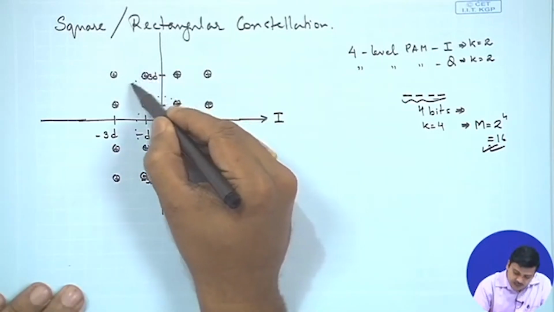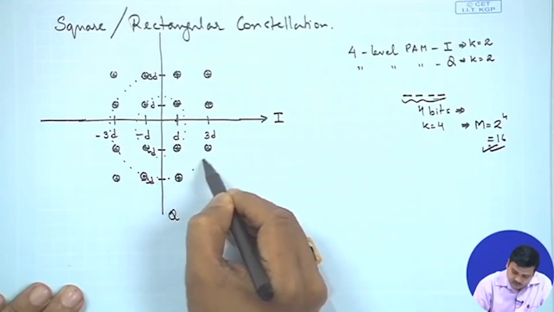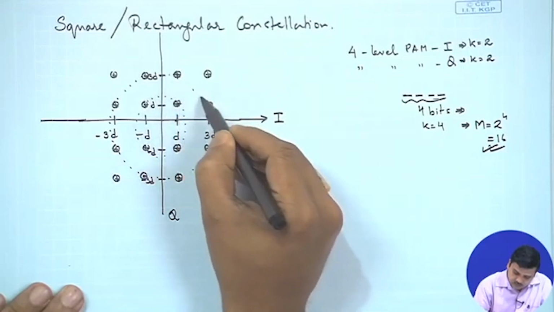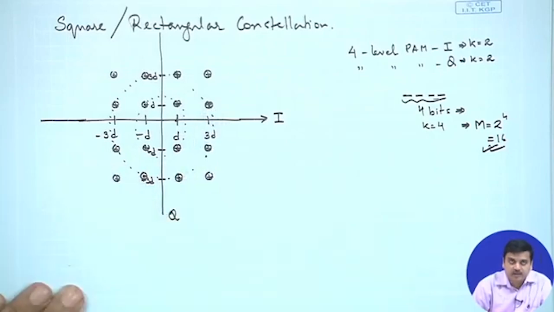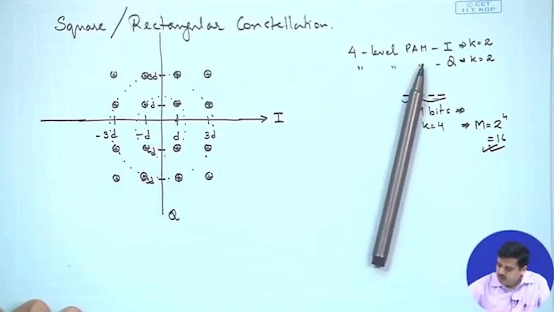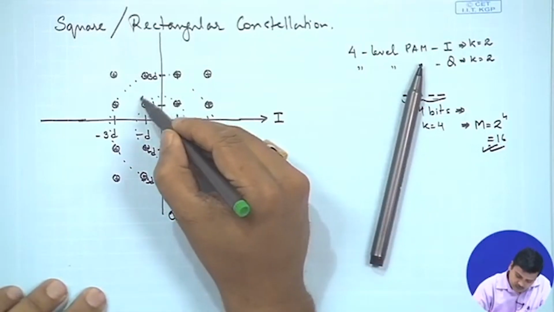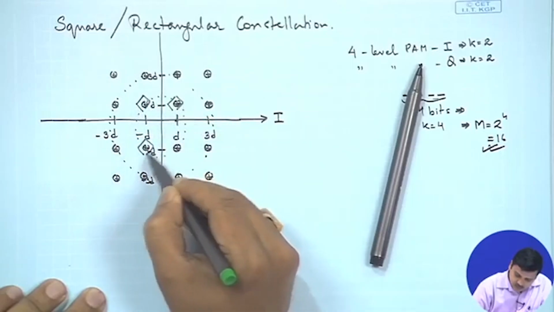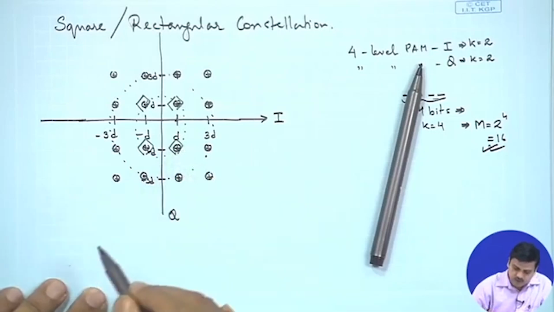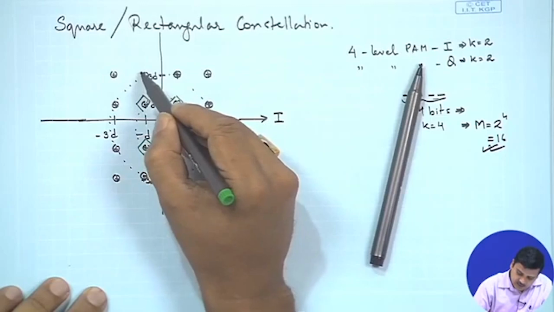And if I select these, we have 1, 2, 3, 4, 5, 6, 7, 8. So we have 8 possibilities, so 3 bits. Now if I would select, let us say, these are the 4, along with this I could select, let us say, these.